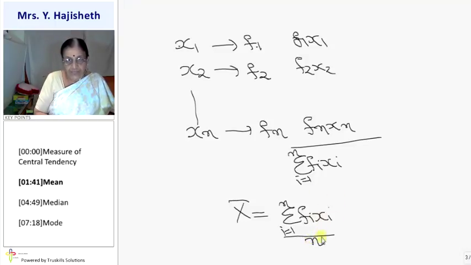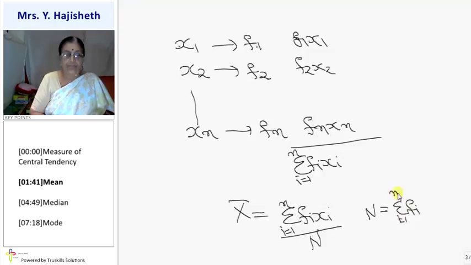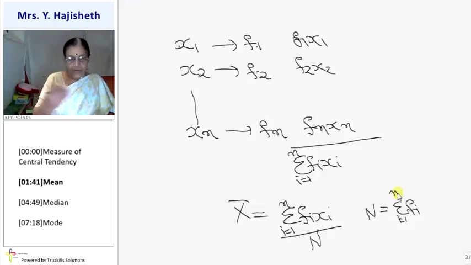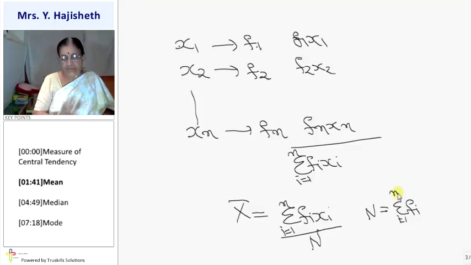Sorry, here it is not n, it is a capital N, where N is sigma fi, i is 1 to n. Clear? So this is how to find the mean. We are going to solve sums based on this from exercise 14.4.